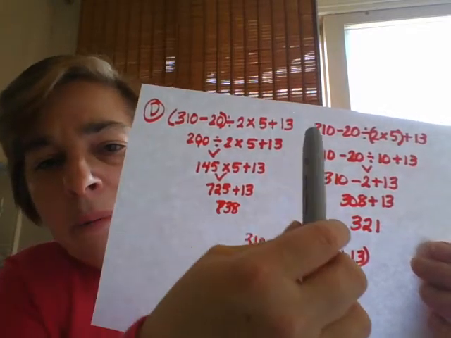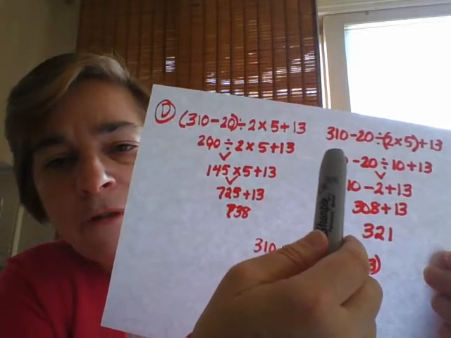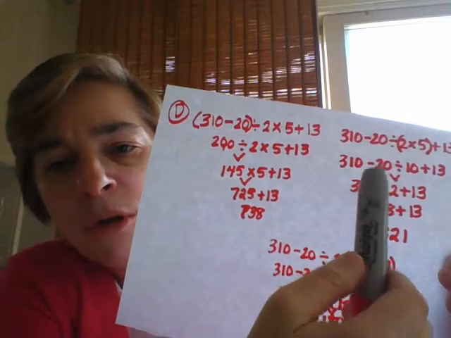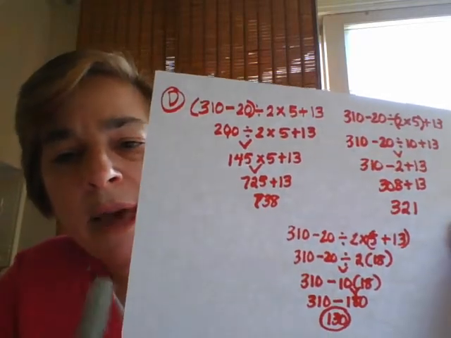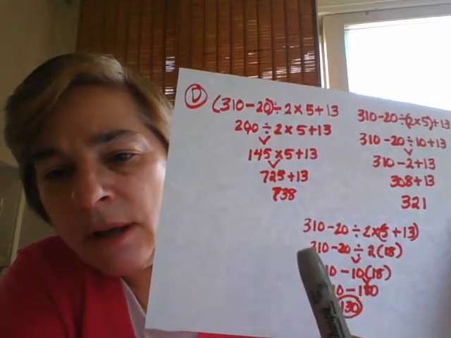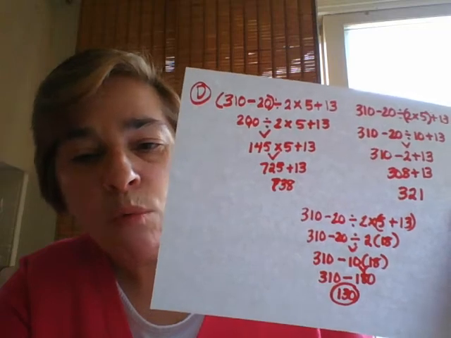Then the second problem over here, I didn't wrap it around division because I would have done that first anyway. I wrapped it around that multiplication, and so I got 321, and that's not 130. So then I wrapped it around the 5 plus 13, and I ended up getting 130.